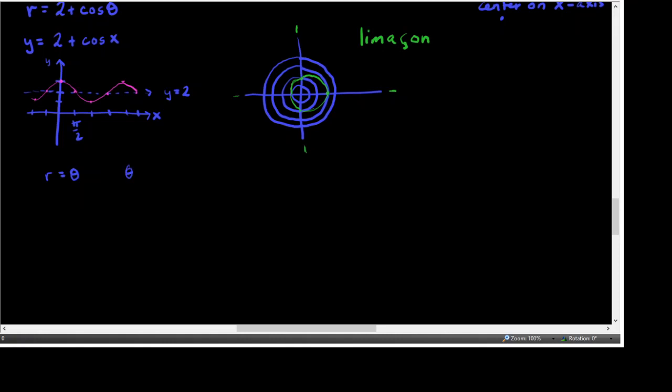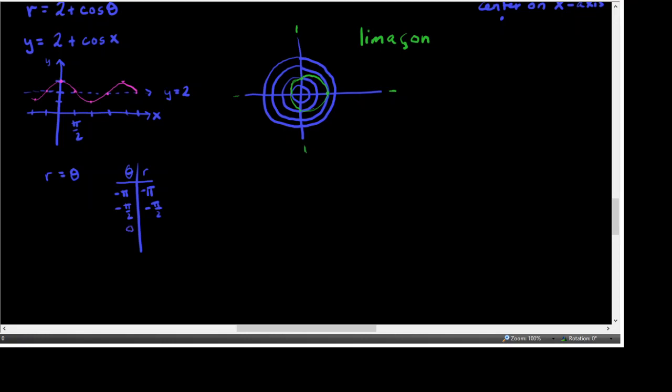So I'm going to make up a value of theta and graph the corresponding r. So if theta is negative pi, r is negative pi. If theta is negative pi over 2, r is negative pi over 2, because they're the same.